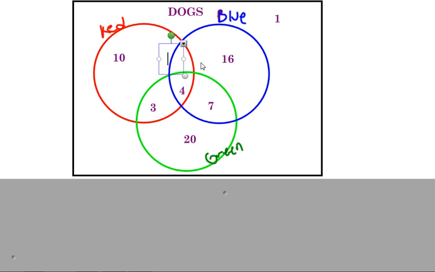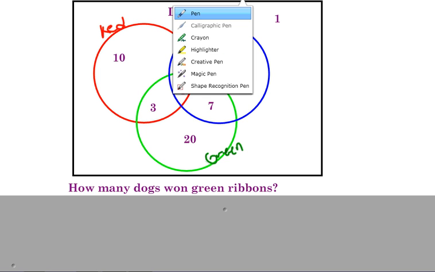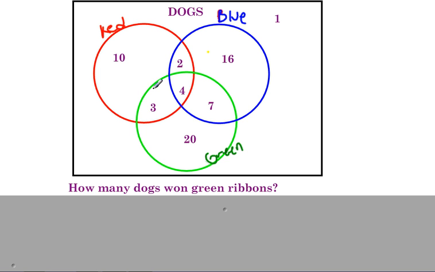And let me go ahead and add a number here. Say 2. Okay, so let's talk about the first scenario. How many dogs won green ribbons? If they won a green ribbon, they're going to be in the green circle. So find your green circle.